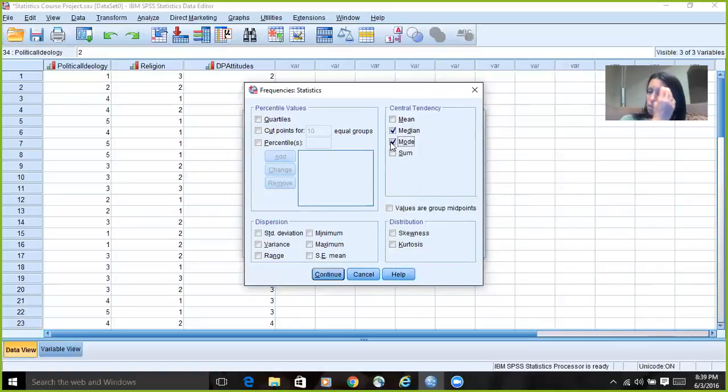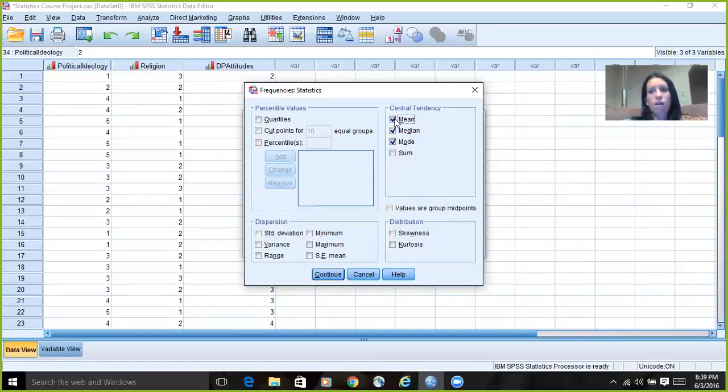Later in the semester, you're going to calculate statistics, including the mean, even for ordinal level variables, even though technically it's not appropriate. So even though this is an ordinal level variable and technically you shouldn't calculate a mean, I'm still going to do it just to go through the interpretation, and you are free to do that also for ordinal level variables only. Don't calculate the mean for a nominal level variable.